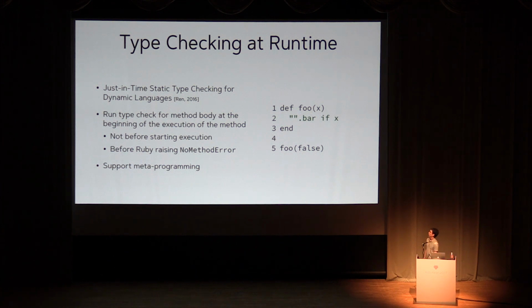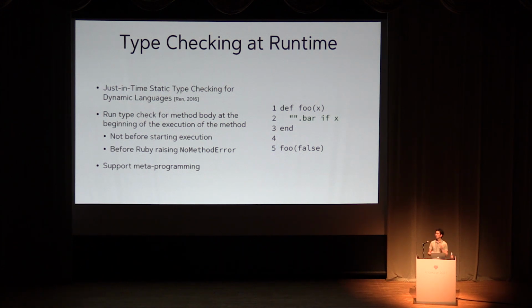This is an example Ruby program that defines a foo method, and it calls bar on a string. Assume there is no bar method in String. The fifth line calls the foo method with the parameter false. Because x is false in the second line, the normal Ruby interpreter doesn't try to call the bar method.